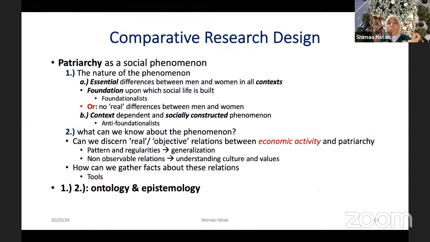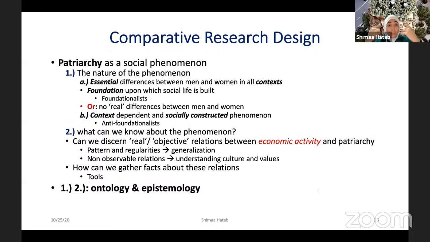So there are differences between contexts, and you need to examine the relationship between men and women, or the differences between men and women, in these particular contexts, because they might have different properties because of the existence of different culture, different meaning, different structure, different economic and social relations.